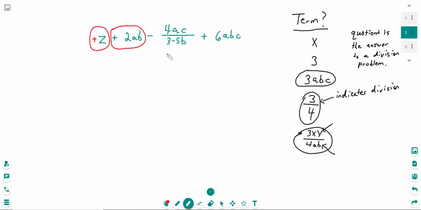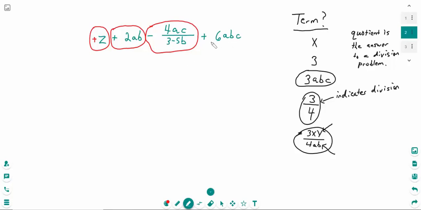Going on to the next one, we right away have a division problem, which means we have an indicated quotient, and that indicated quotient makes up a term. Keeping the sign with the term, this would be another term, the negative 4AC over 3 minus 5B.